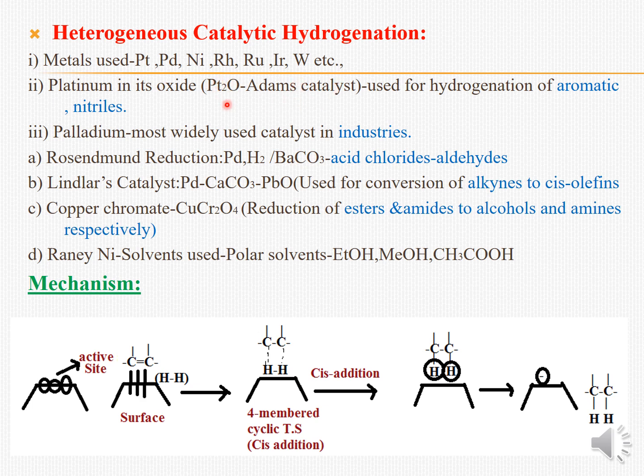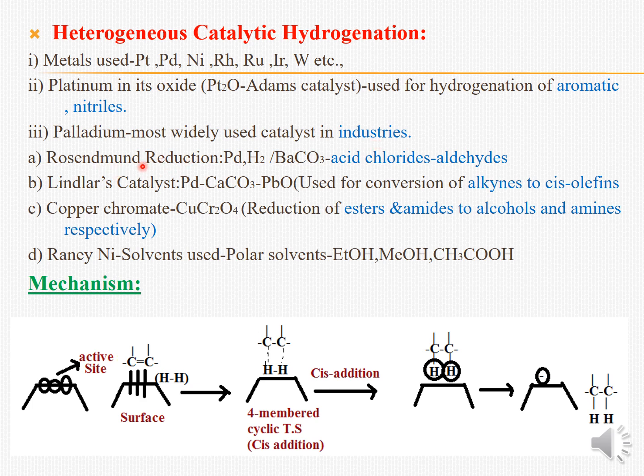Platinum oxide, known as the Adams catalyst, will be used for the hydrogenation of aromatic compounds as well as nitrile compounds. Okay, and then palladium will be mostly used in industries, palladium catalyst.